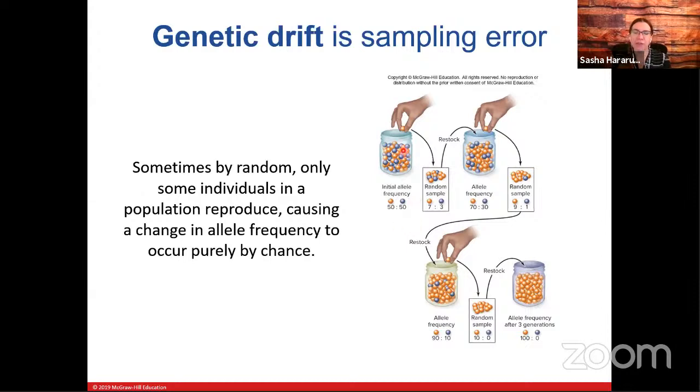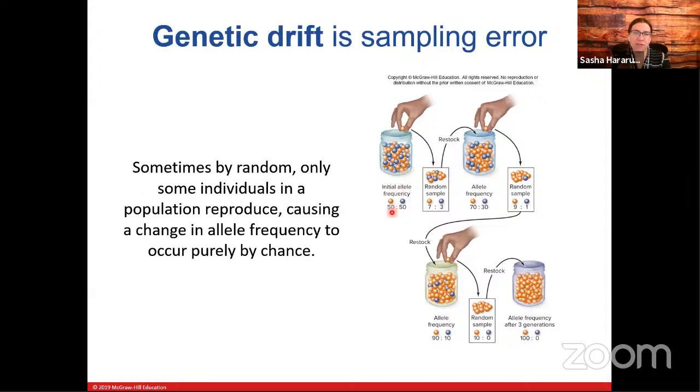In this example we don't work with live things. The sampling error is visualized by sampling from a jar with two colored balls, and the balls represent the allele frequencies.